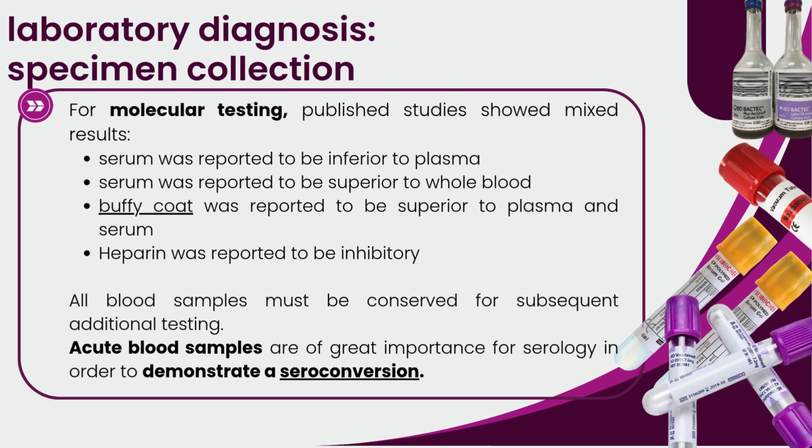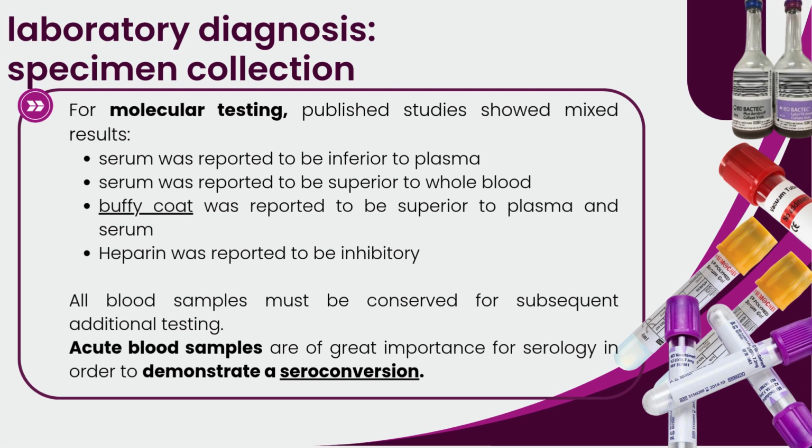So now here, let's go through the nuances of laboratory diagnosis with a focus on specimen collection for molecular testing. Research has shown varied results when comparing different blood components. Notably, serum has been reported as inferior to plasma, yet superior to whole blood. And interestingly, the Buffy coat often outperforms both plasma and serum in terms of effectiveness.